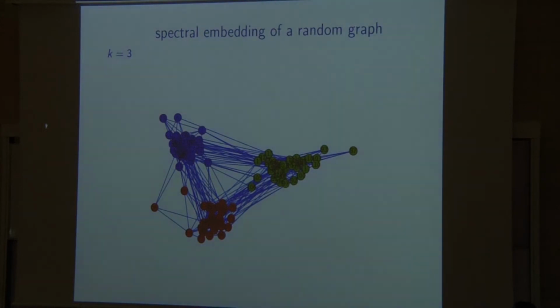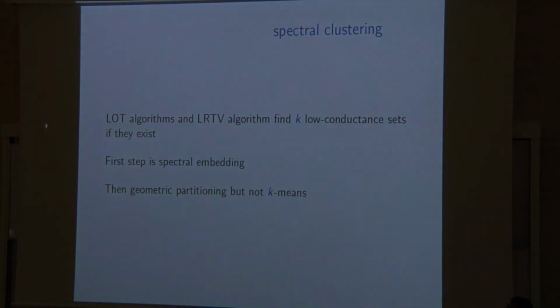So those kind of things were known before, but what was not known is what can be rigorously said about the behavior on non-random graphs. So both our algorithm and the algorithm of Lee, Oveis Gharan, and Trevisan, and Louis, Raghavendra, Tetali, and Vempala, have a rigorous guarantee. If it is possible to find a certain number of non-expanding sets, the algorithm will find them.